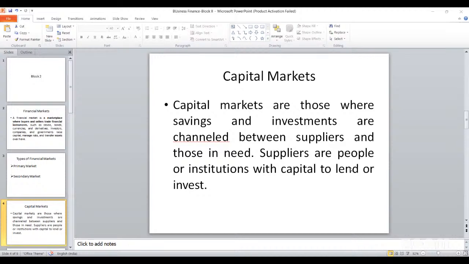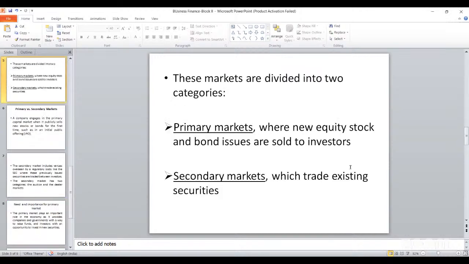Again, this capital market is divided into two. What are those? Primary market and secondary market. The primary market is where new equity, stock, and new bond issues are sold to investors, and the secondary market trades existing securities.